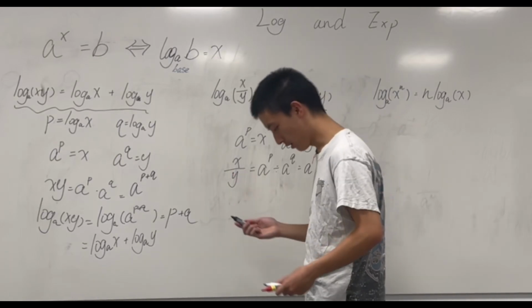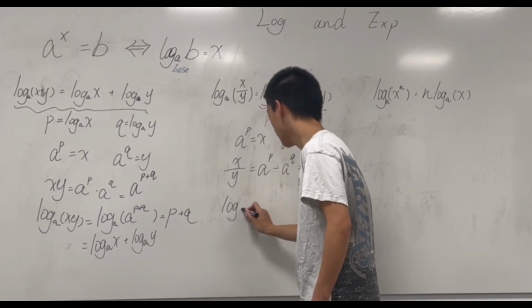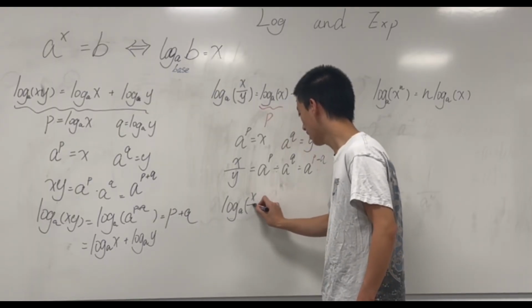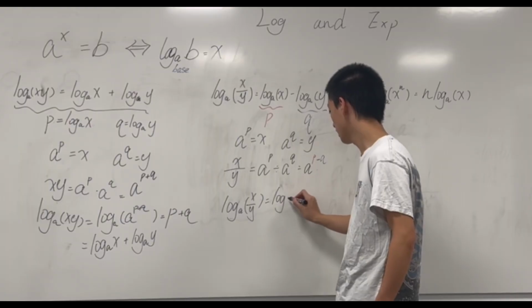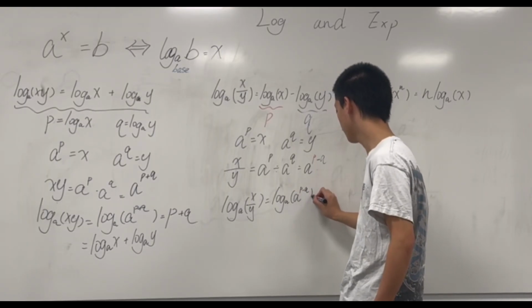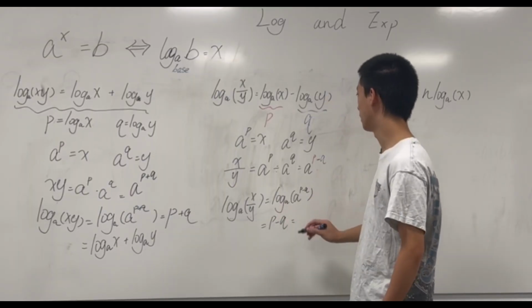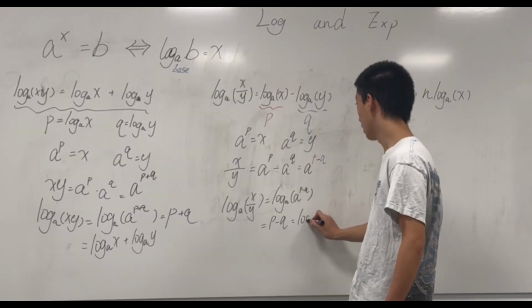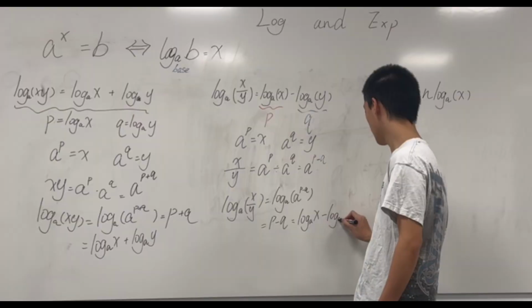So we use log base a again, then log a x over y is equal to log base a of a to the power of p minus q, which is equal to p minus q. Obviously, that is equal to log a x minus log a y.